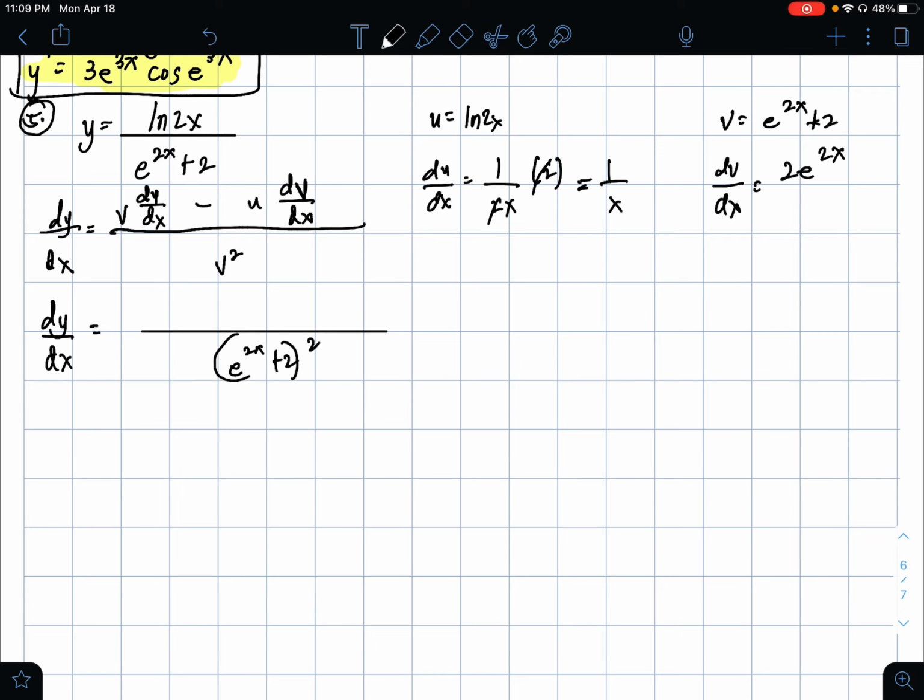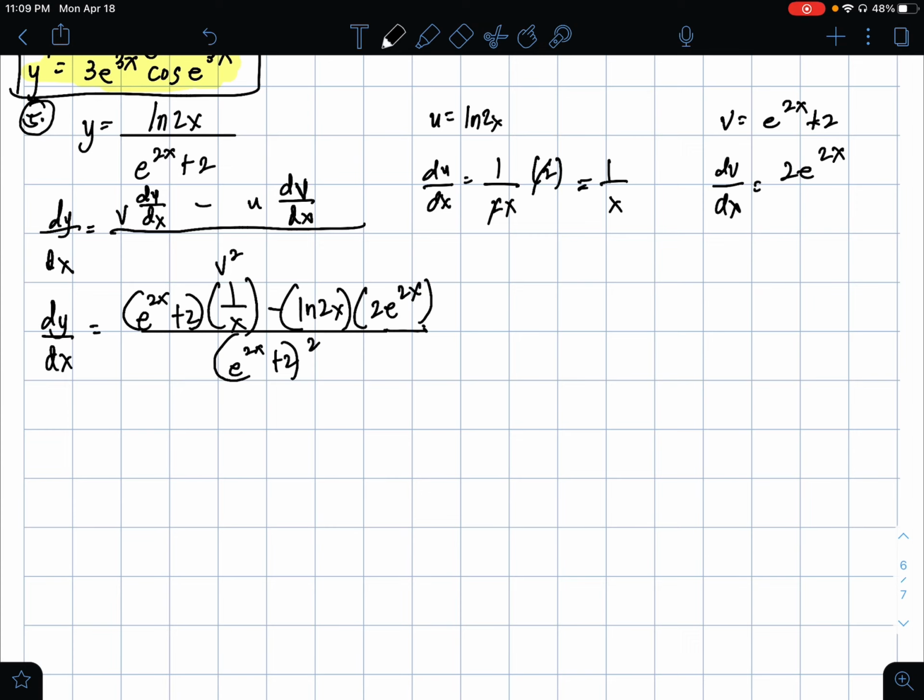Okay, so v, then dili is v times d over dx, which is 1 over x, minus u natin is ln of 2x times ang derivative sa ang dv over dx, which is 2e2x.